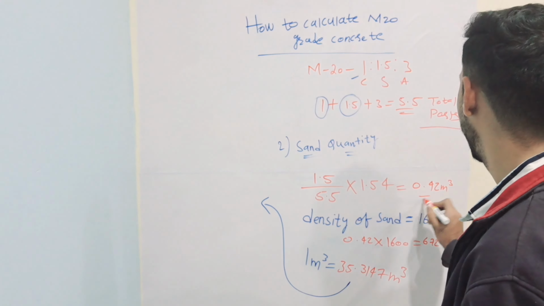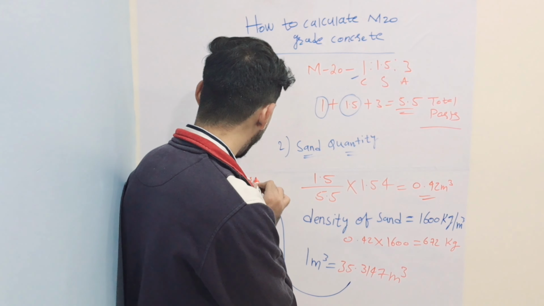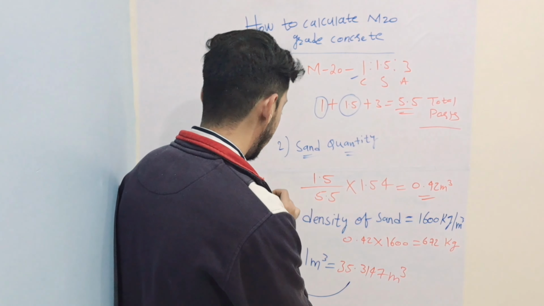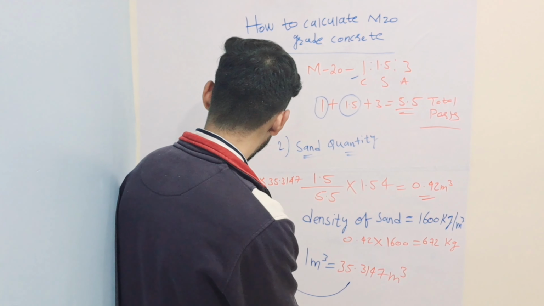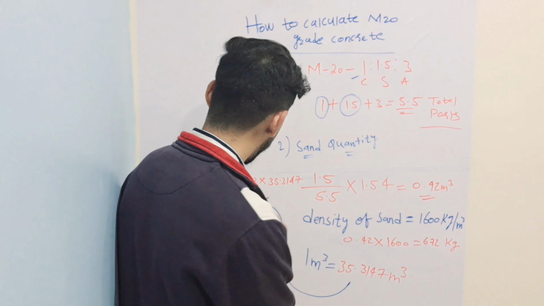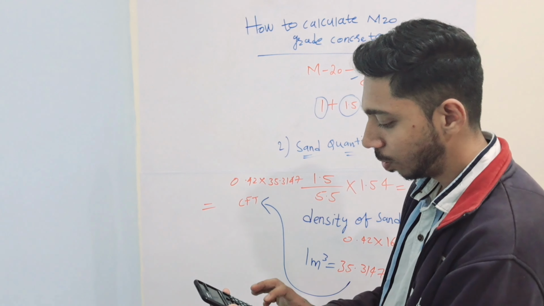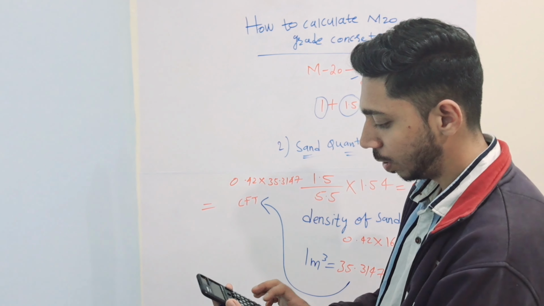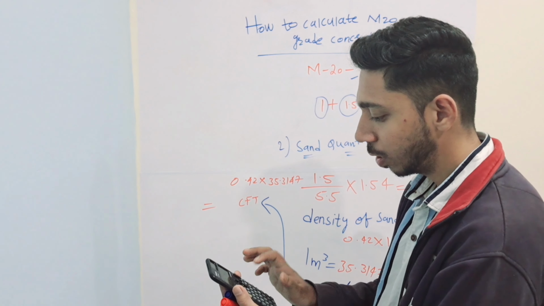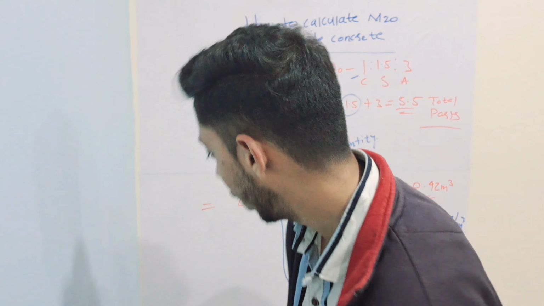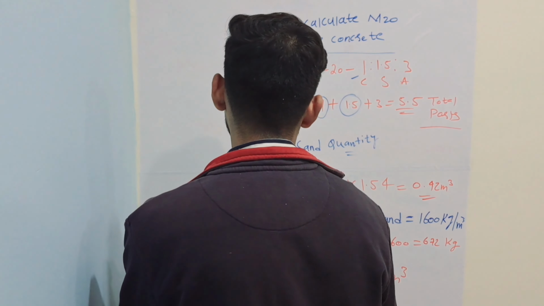Just multiply this factor: 0.42 into 35.3147 is equal to 14.83 cubic feet.